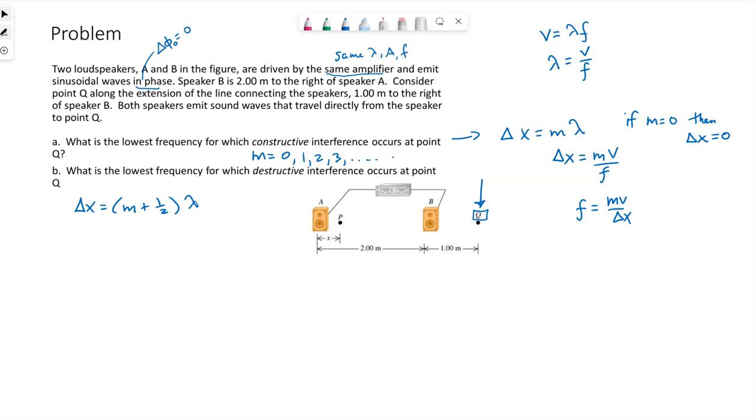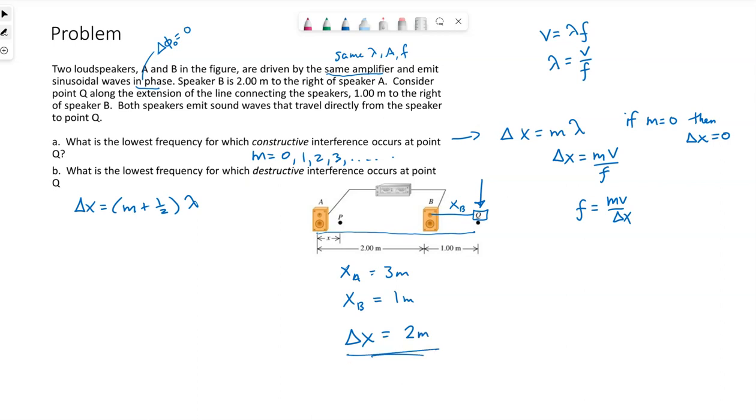For point Q, we know the sound from speaker A, so x sub A is 3 meters. It has to travel 3 meters to get to point Q. X sub B is 1 meter. So delta x is the difference between these two.